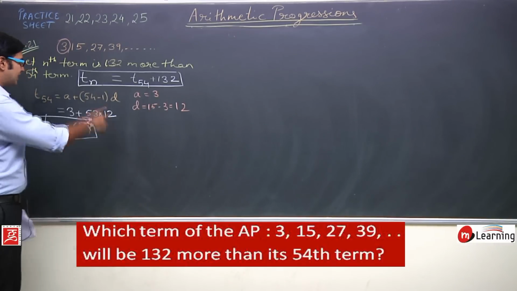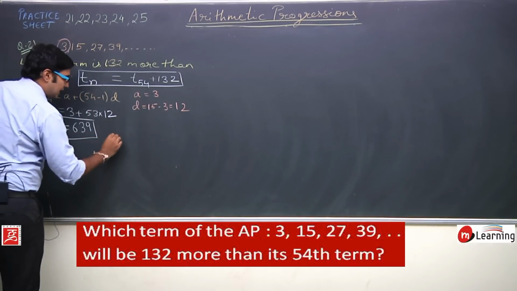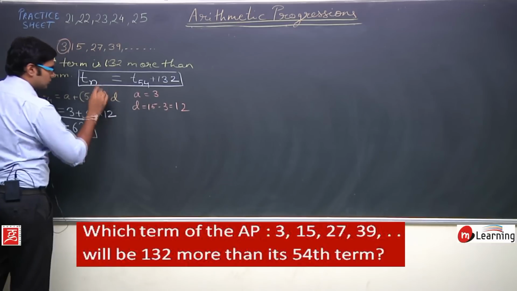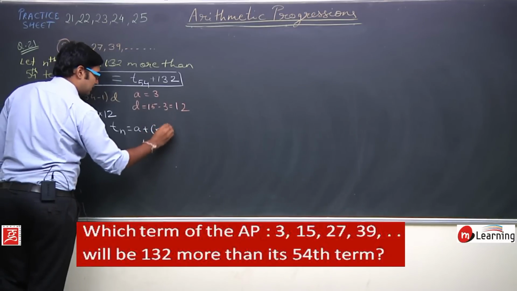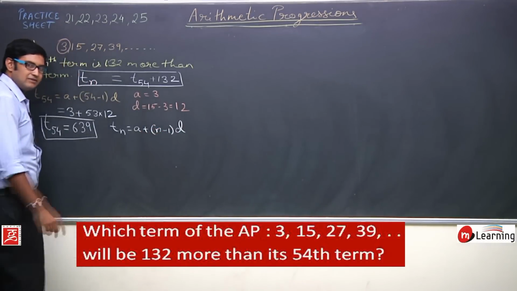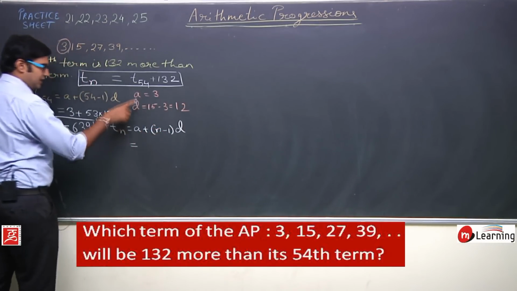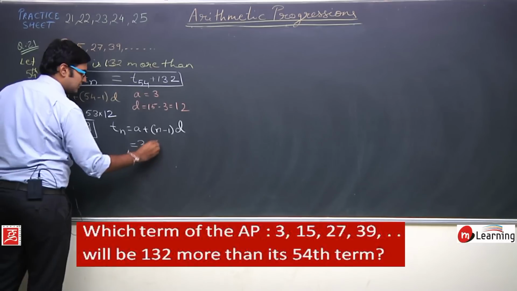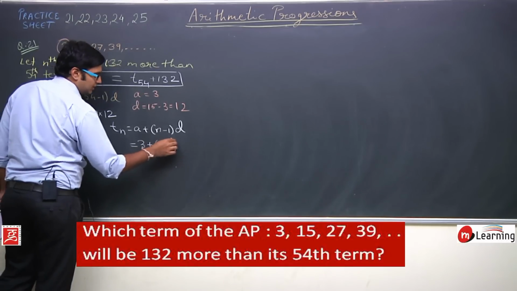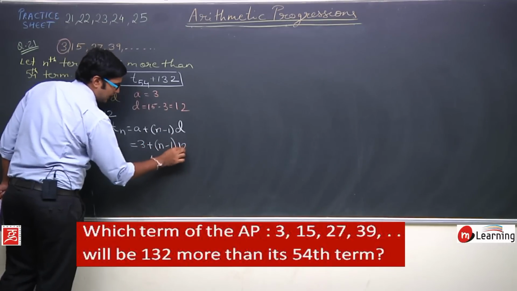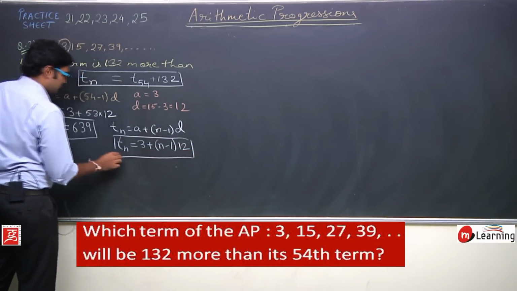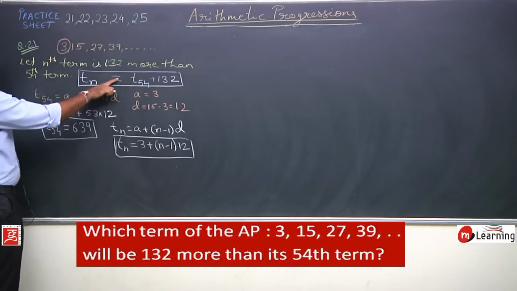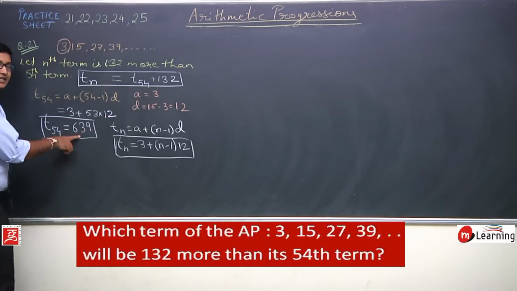Okay. So what I can write is Tn, and we also know the value of Tn. Tn is equal to A plus n minus 1 into D. What is A? A is 3, plus n we don't know, minus 1, and D is 12. So this is the nth term. Okay. Now use this condition and this condition.